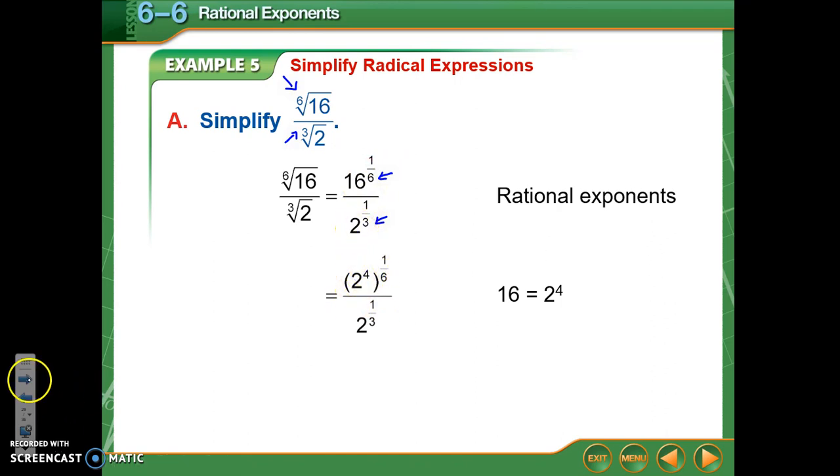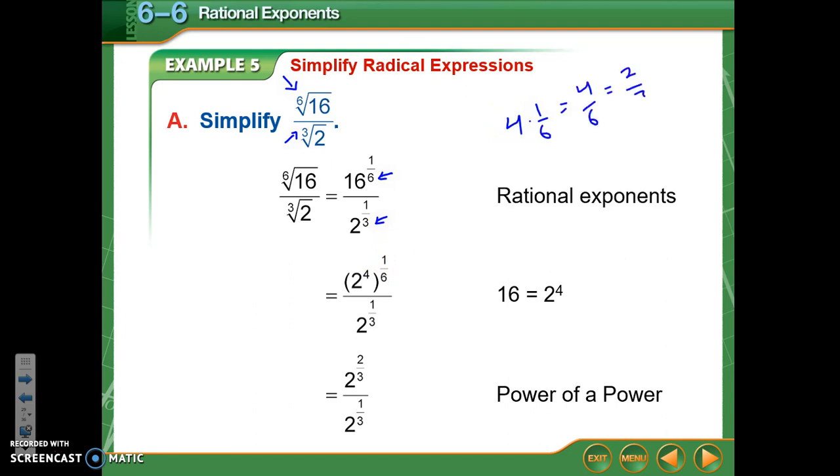So I can rewrite 16 as 2 to the 4th. When I do that, 4 times 1/6 is 4/6, which reduces to 2/3. That's why this now says 2 to the 2/3 over 2 to the 1/3. So notice both of these are now cube roots.